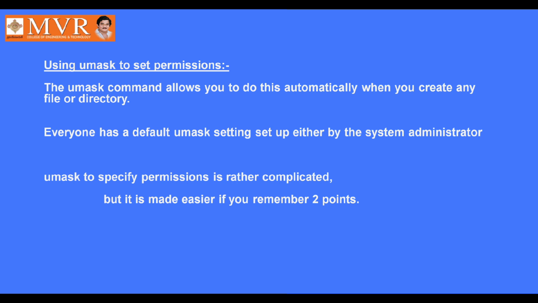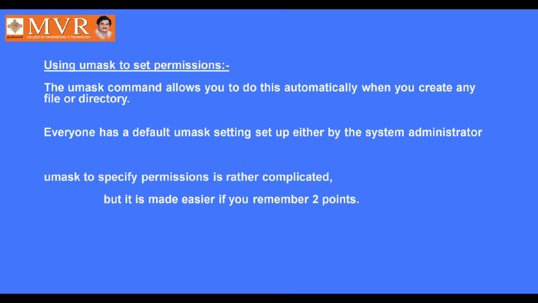For example, if you create a user and you don't want to give write or execute permissions, then whatever files he creates, however many files he may create, all those files will have only read and write permissions. They will not have any execute permissions by default. So there is no need to assign permissions to every file. By default the file will be created with the permissions which are set at the initial stage by using the umask command.